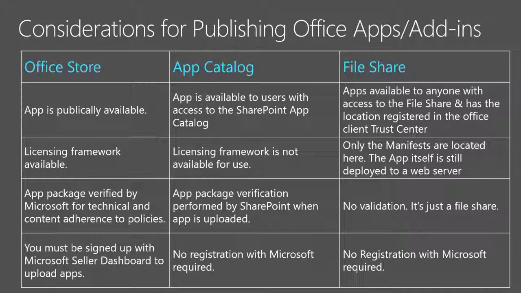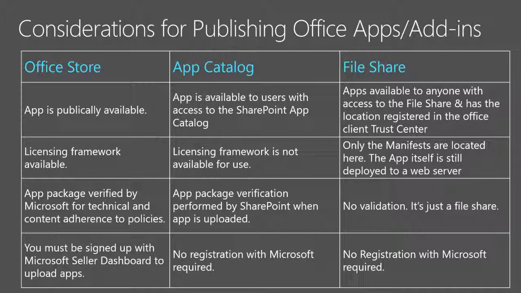And if you're deploying in a file share, so again, specifically to the Office add-in space, it's available to anyone with access to the file share and has had their location registered in the Office Client Trust Center. So if you go into the Office client, you go into the Trust Center, you can register a file share location as safe, so to speak, and then it would surface the apps that are in that file share.